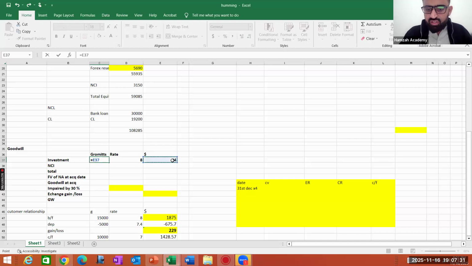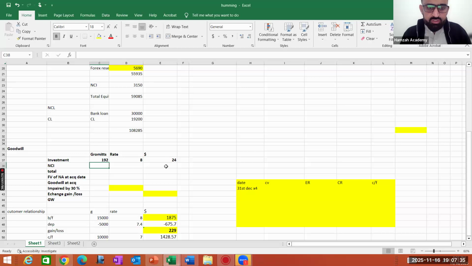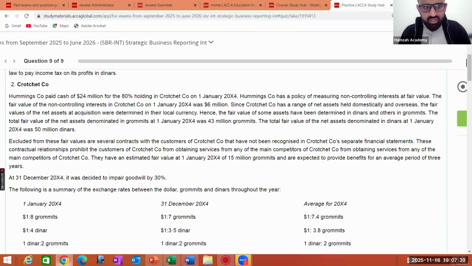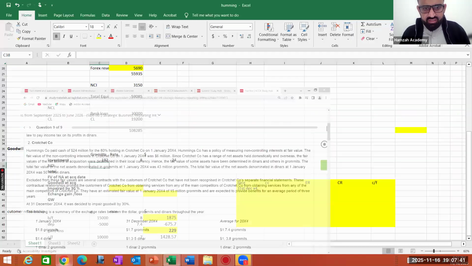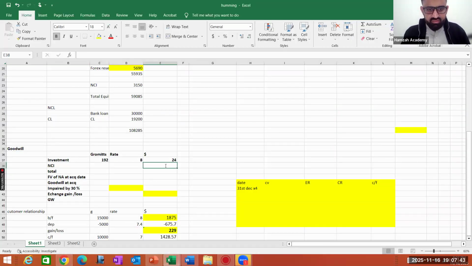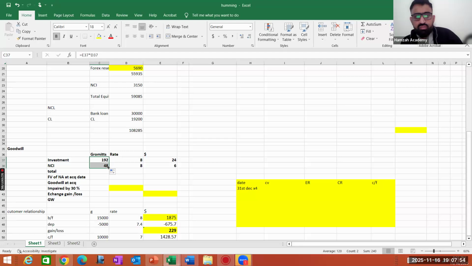So in terms of dollar, it was 192. And the fair value of the NCI was 6 million, and the exchange rate is 8. So in terms of ringgit, it was 48.